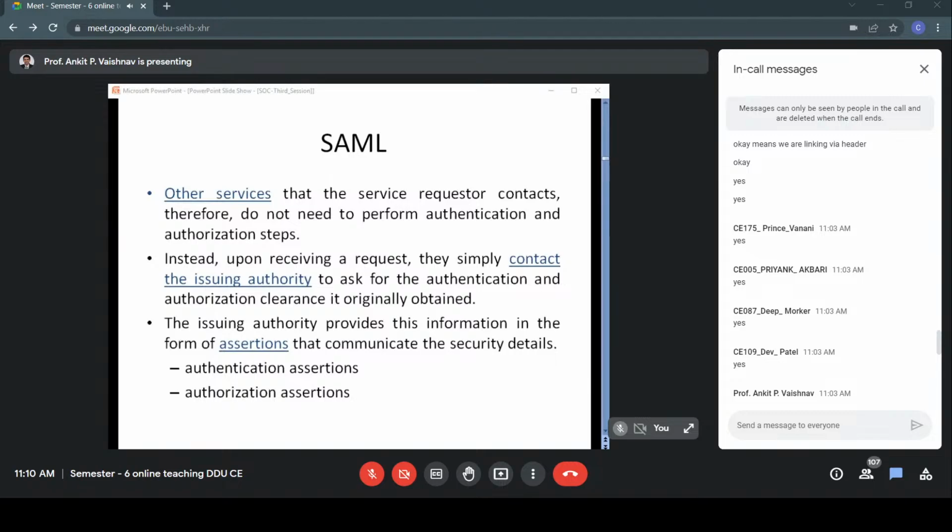Urjit has a question: when we provide such a layer in between the services, the speed of response will reduce. Yes, there is a trade-off, Urjit, but we have to enforce loose coupling and statelessness. So you need capable hardware to handle all these things.